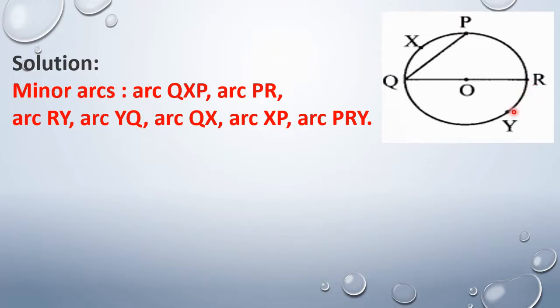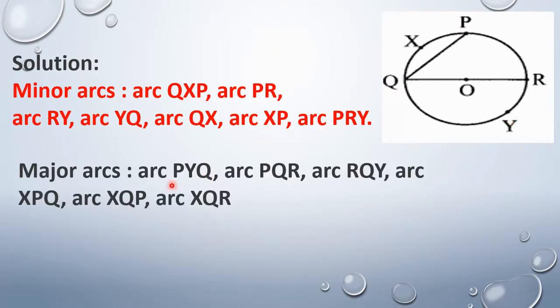Then arc YQ, that is also a minor arc. Next arc is arc QX, also a minor arc. And next is arc XP and arc PRY.